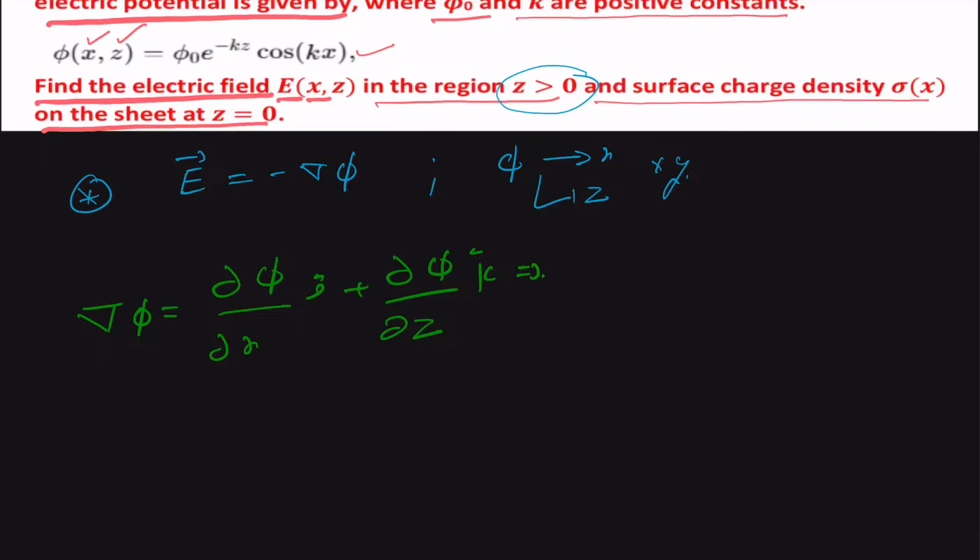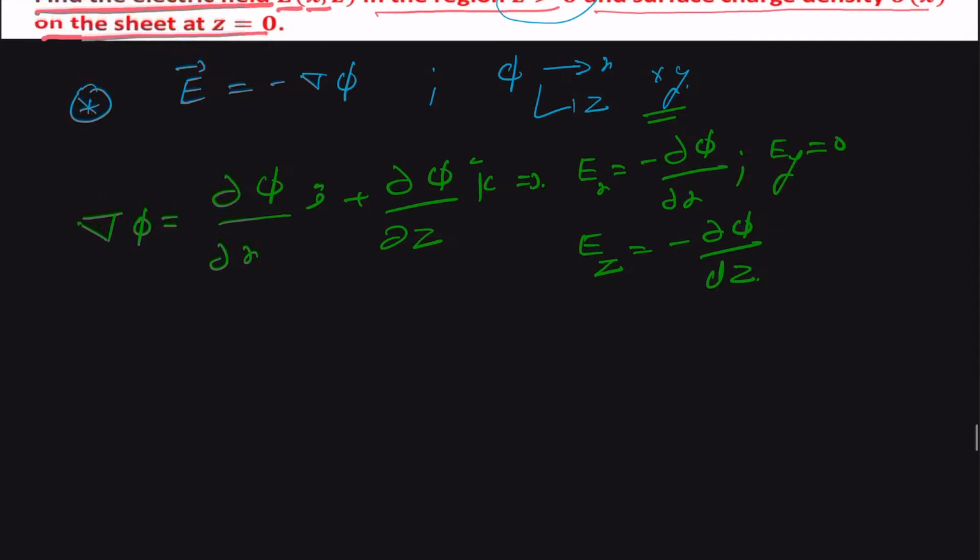Therefore from here we can write that the component of electric field in x direction will be minus the partial derivative of potential in our x direction, and there is no potential variation along y direction, so electric field along y will be equal to 0, and electric field in our z direction will be equal to minus the partial derivative with respect to z.